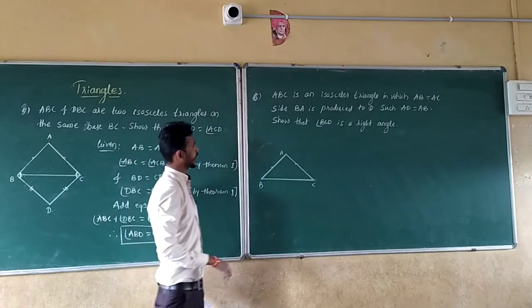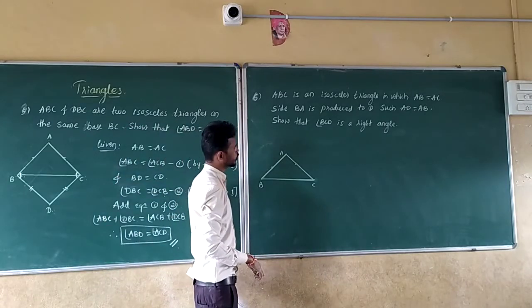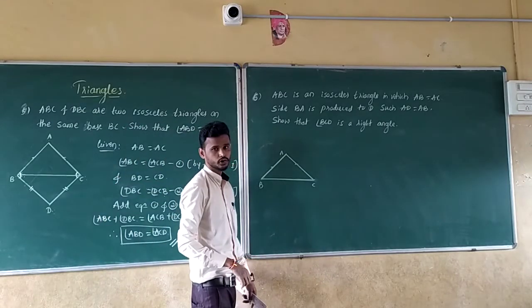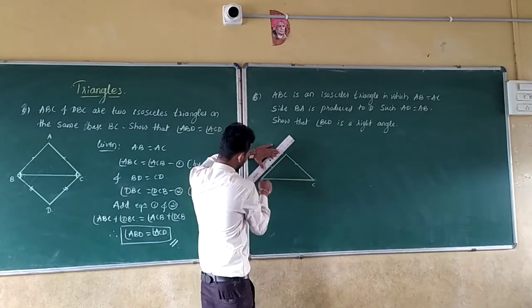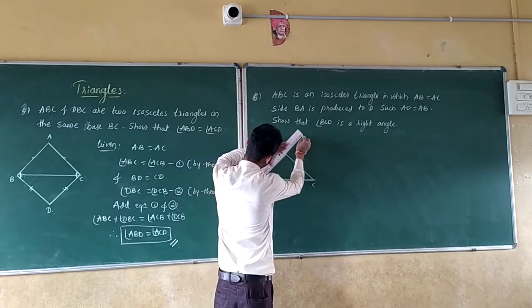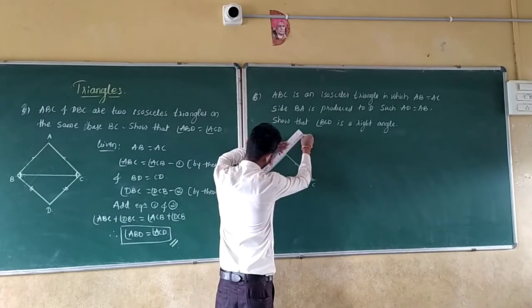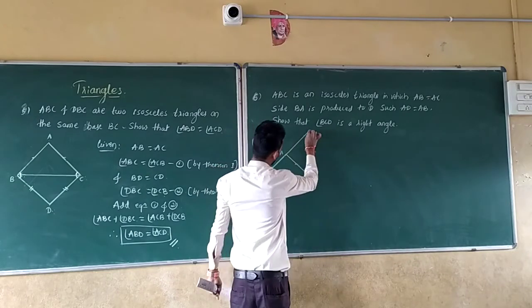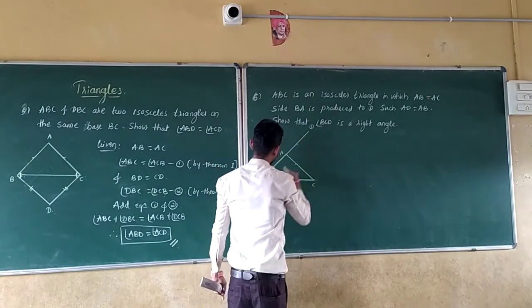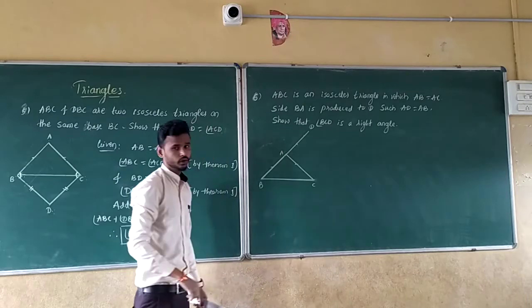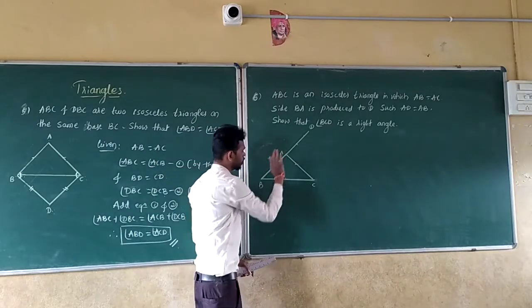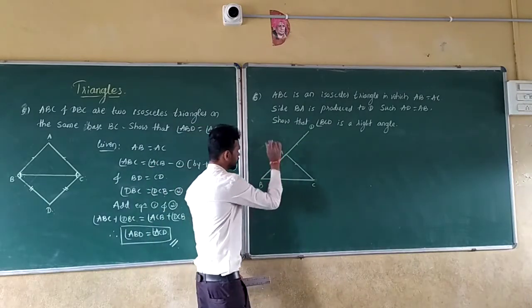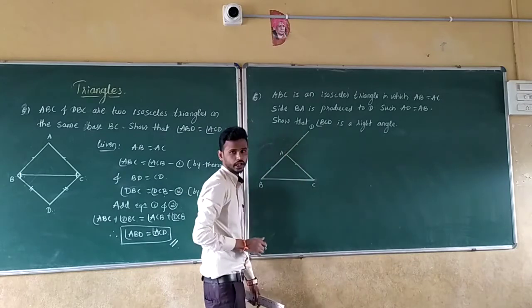Next, side BA is produced to D such that AD equals AB, means these two sides are the same.